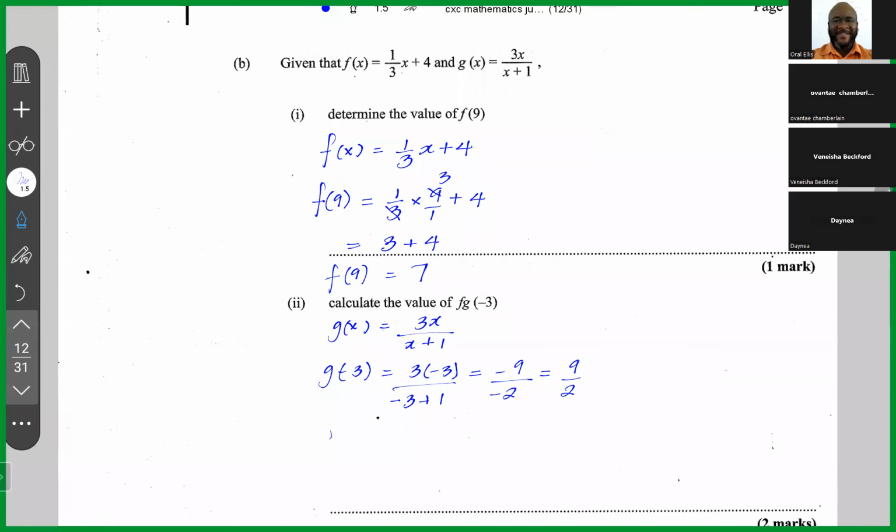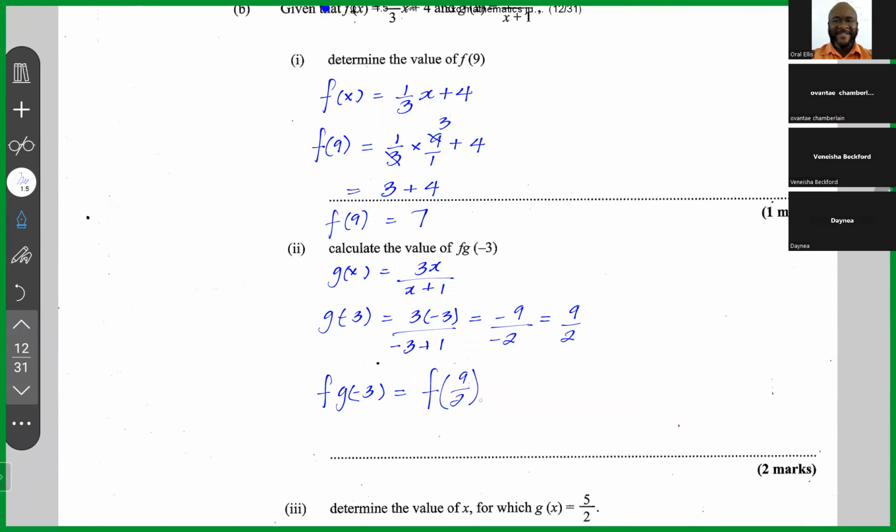Now, therefore, f of g of minus 3 is the same as saying f of 9 over 2. Because we just calculated g of minus 3 and we got 9 over 2. So in f, wherever I see x, I'm going to take out x and put 9 over 2. So this is 1/3 times 9 over 2 plus 4. 3 goes into 9 3 times.